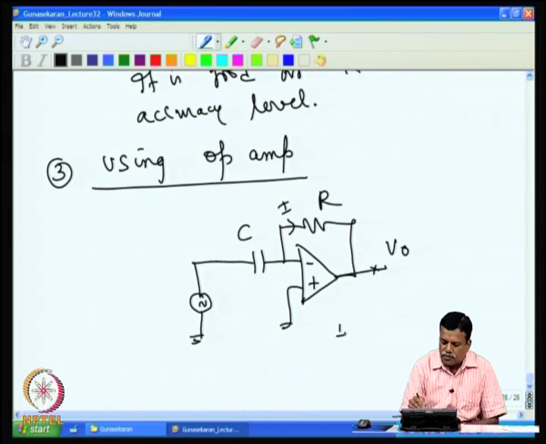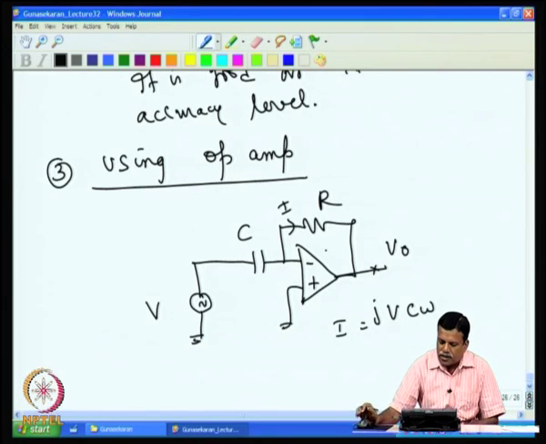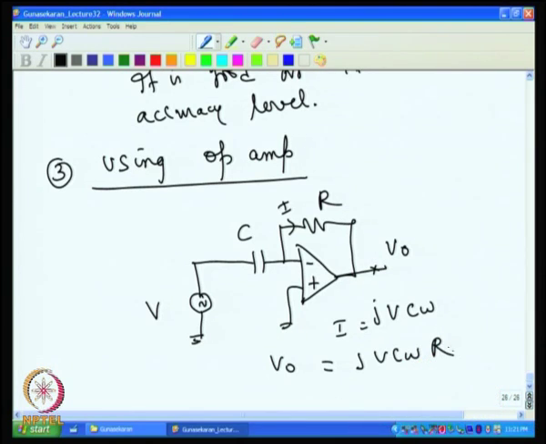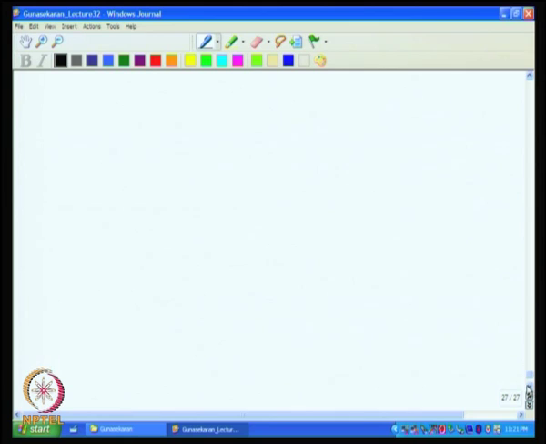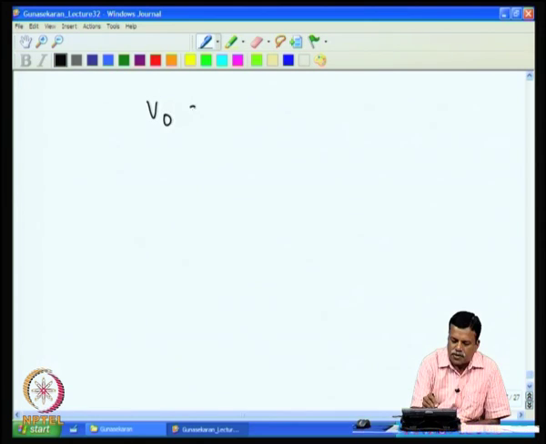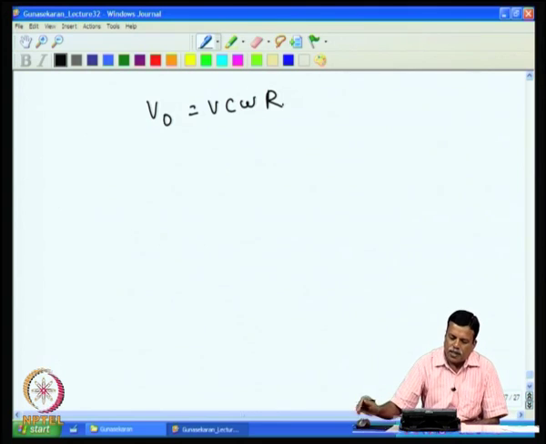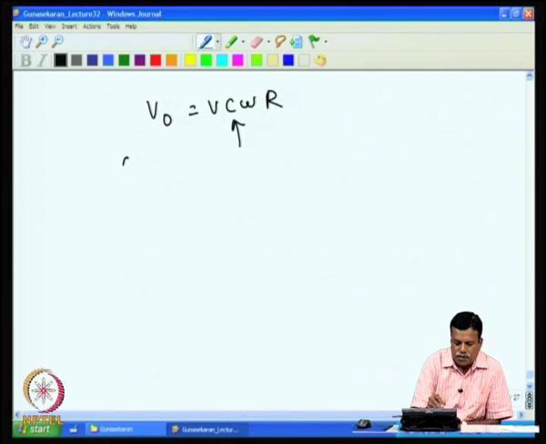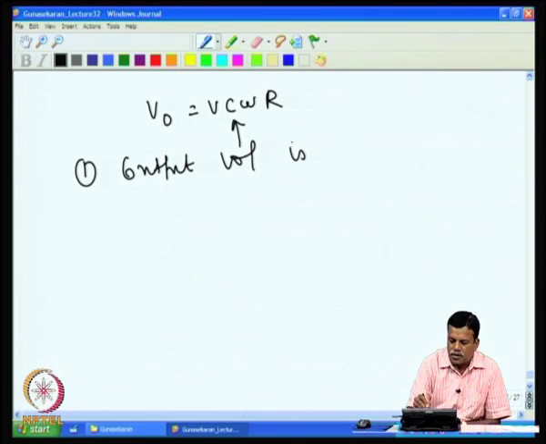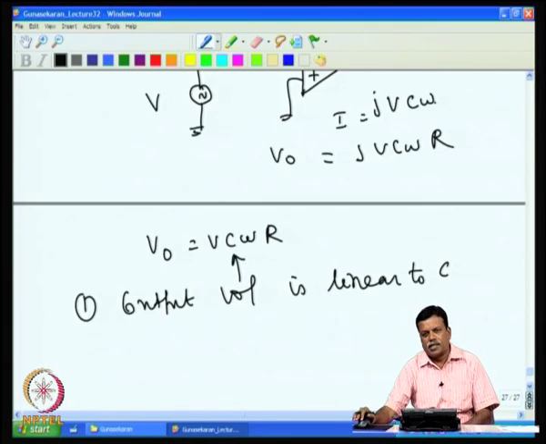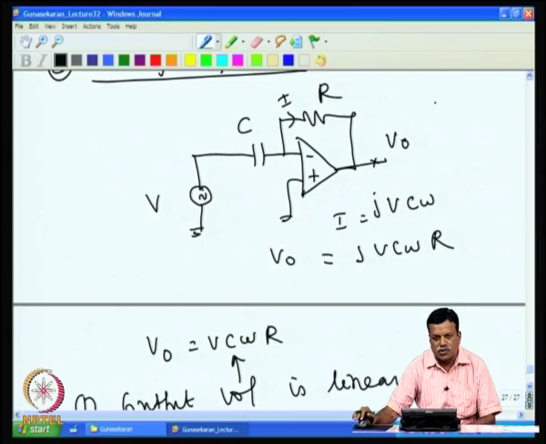The current I is given by V into C omega, of course with j, multiplied by R for the output voltage: j V C omega R. If we take the magnitude, the output voltage comes as V C omega R. That means the output voltage is proportional to capacitance C, linear to C.